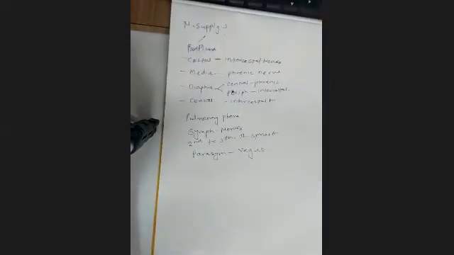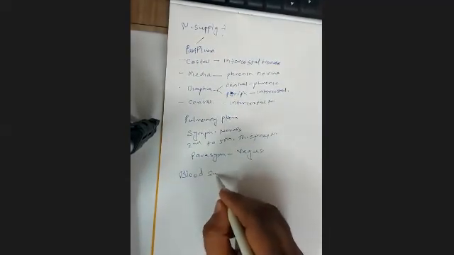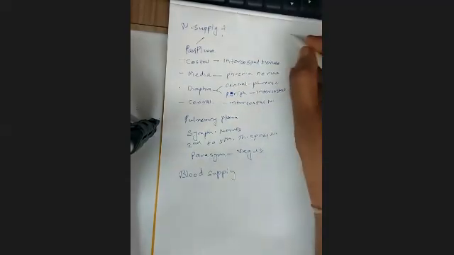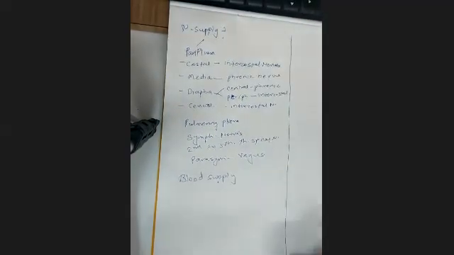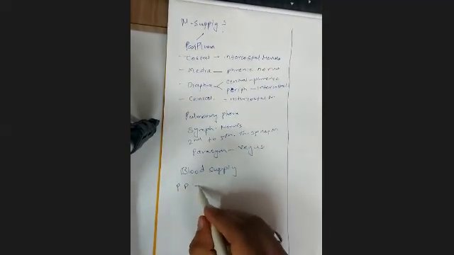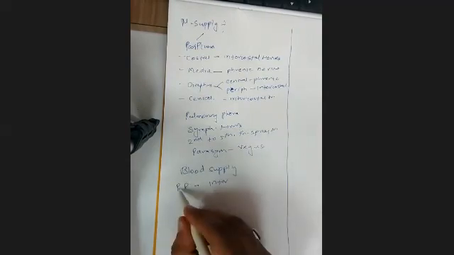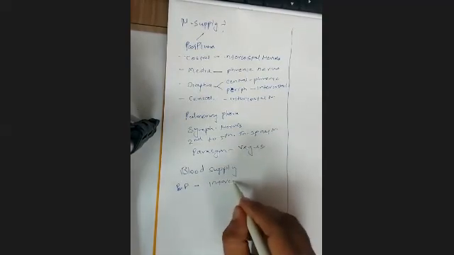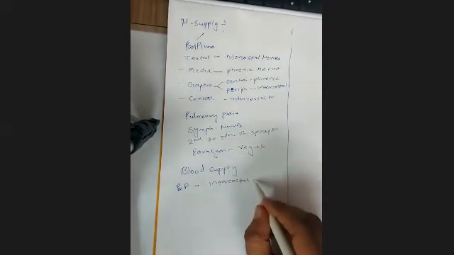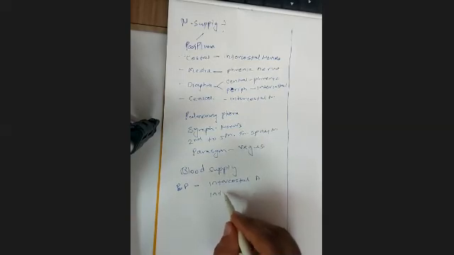Now let us check the blood supply of the pleura. The parietal pleura is supplied by intercostal arteries, the anterior intercostal arteries and posterior intercostal arteries.